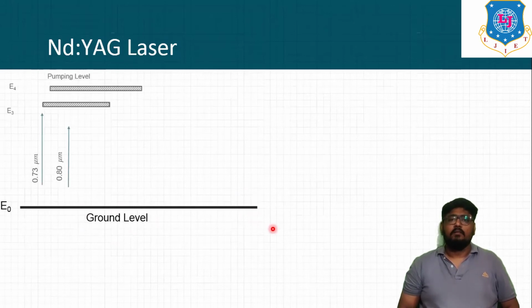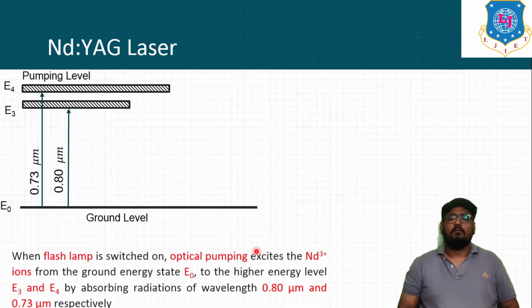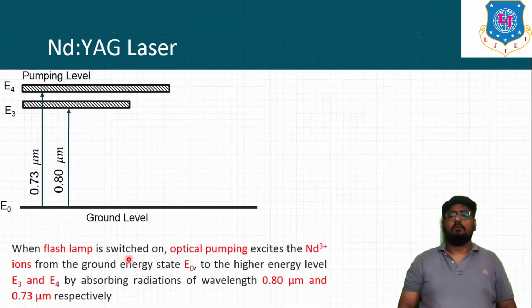Now, when the flash lamp is switched on, optical pumping excites the Nd3+ ions. Whatever Nd3+ ions are there, this flash lamp will excite them from the ground energy state E0 to the higher energy levels E3 and E4 by absorbing radiation of wavelengths of about 0.8 micrometer and 0.73 micrometers respectively.